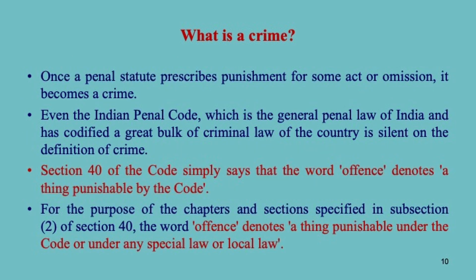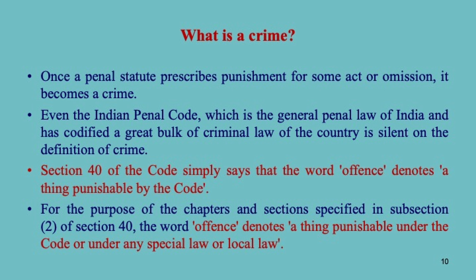When a penal statute prescribes punishment for an act or omission, it is a crime. But regarding the definition of the term crime, there is no satisfying definition which is accepted by all and applied in every situation. Even the Indian Penal Code, which codified the bulk of criminal law of India and is the general penal law of the country, does not define the term crime.